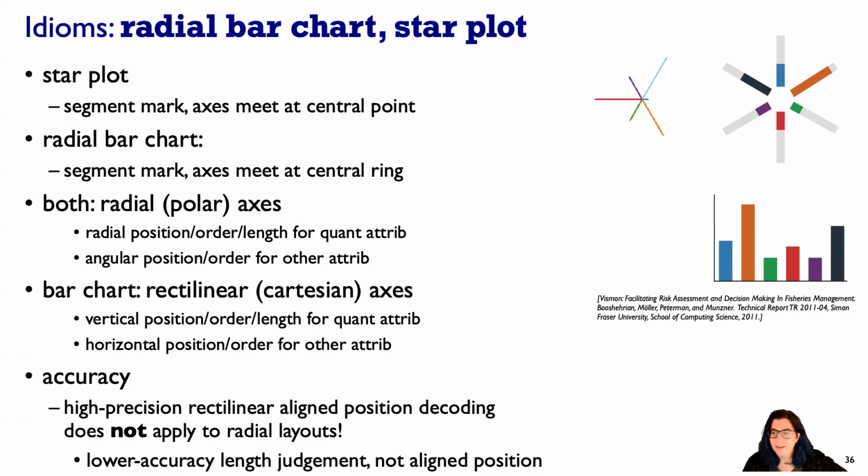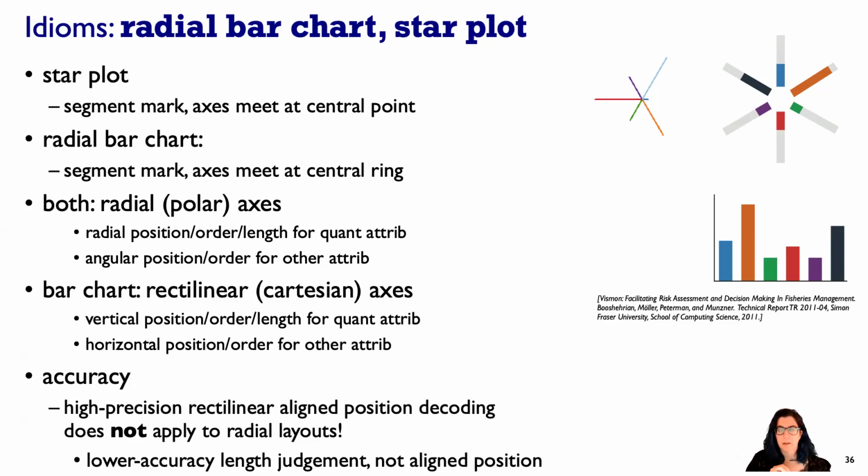So why does this matter? From a mathematical point of view, these are kind of equivalent, but from a perceptual point of view, they're absolutely not equivalent. We've talked a lot about the high precision aligned position. That works for rectilinear positions, so that works for things that are horizontal and vertical. As we are animals that evolved in a state of gravity, horizontal and vertical mean really different things. So they don't apply to radial layouts.